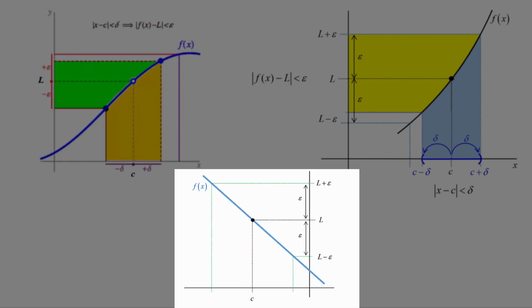And there will also be functions where when we work back from the epsilon interval, it immediately turns into a delta interval that's already symmetric, exactly the same size on both sides, and keeping our x values within delta of C will keep all of our y values within epsilon of L.